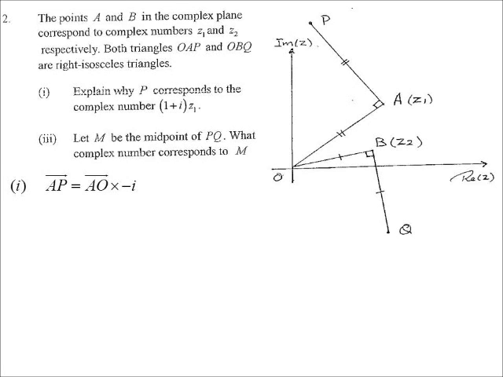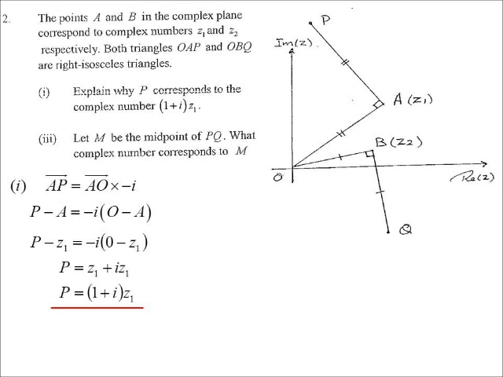So it'd be a rotation of minus i. Subbing in, P minus A will equal minus i times O minus A. A is Z1. Rearranging all that, and yes, we get what they're looking for: 1 plus i, Z1.